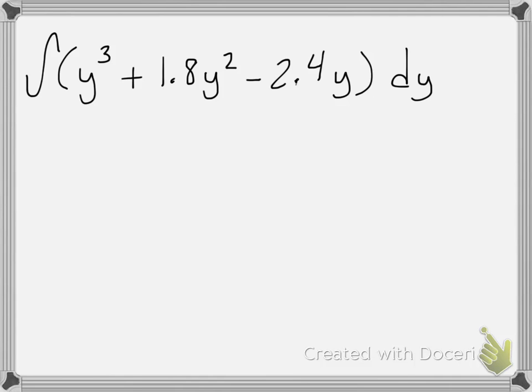Alright, so it looks a little crazy just because we actually have some decimals in there right now, but you just keep on plugging away doing the same thing with integrating x to the n. That's just 1 over n plus 1, x to the n plus 1.